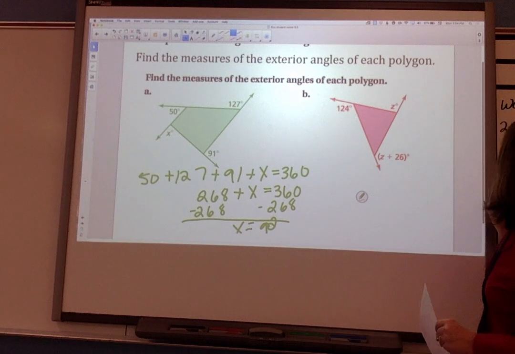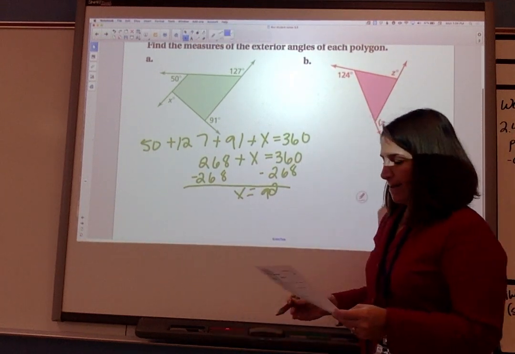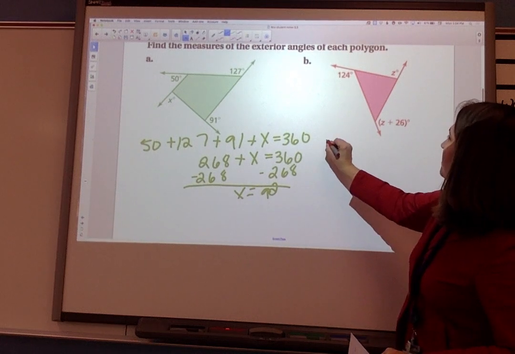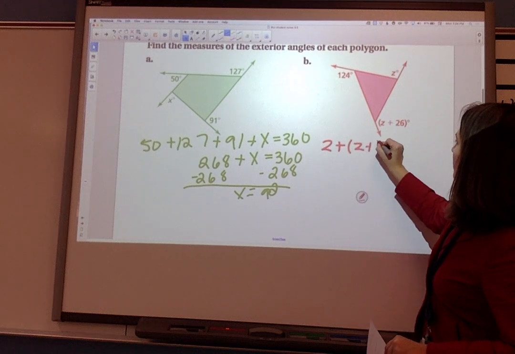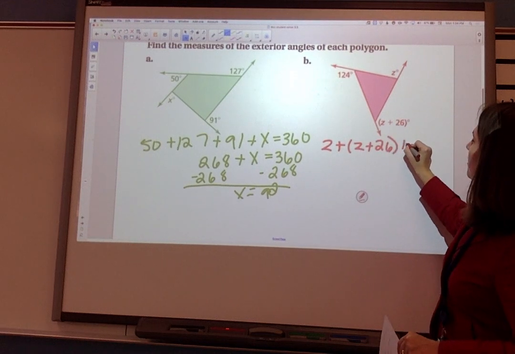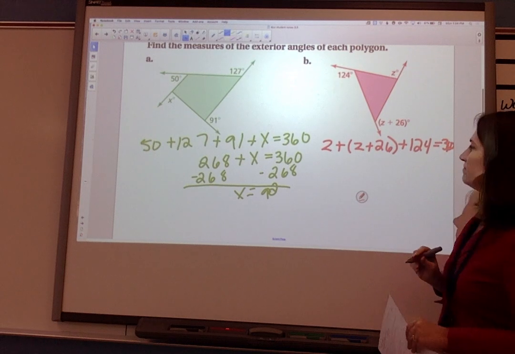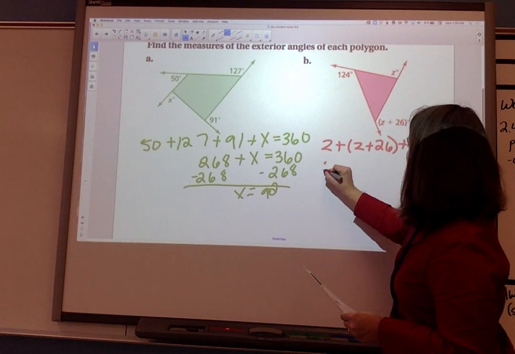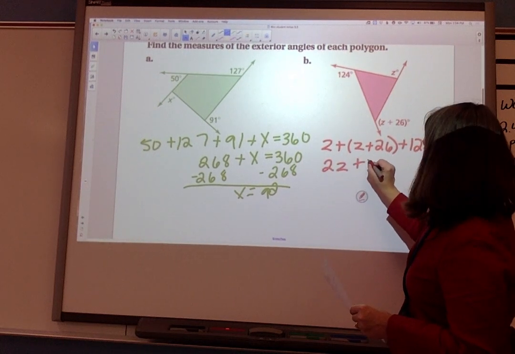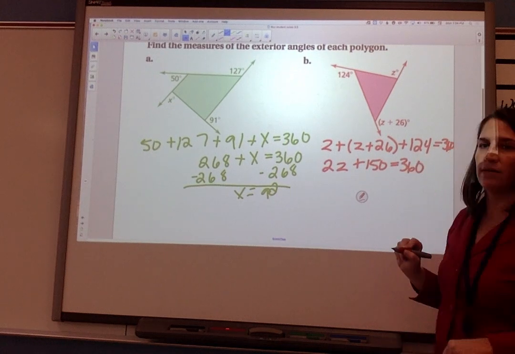Let's do the same thing for this triangle. This time we're going to say z plus 26 plus 124 equals 360. And then we can combine our like terms to get 2z plus 150 equals 360.